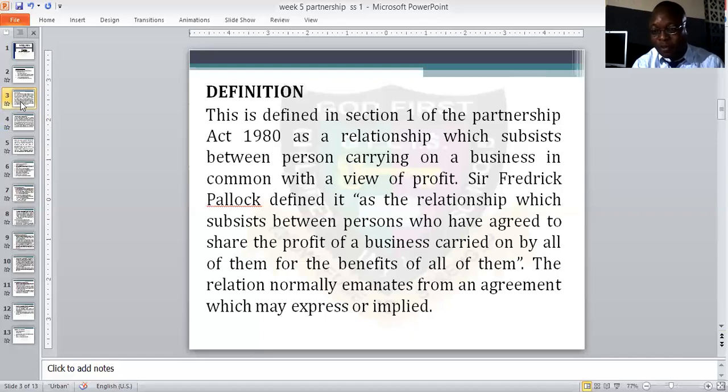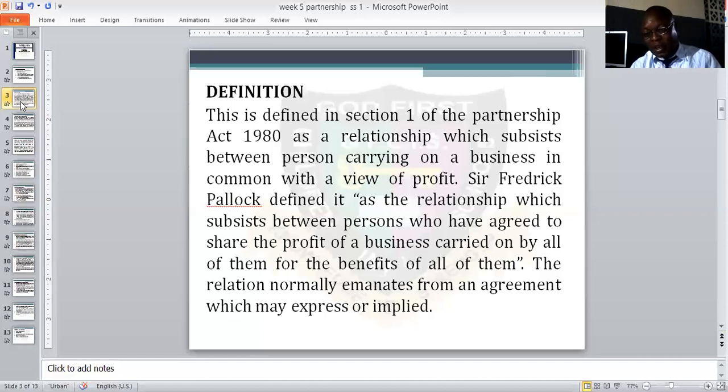The purpose for forming this business is to make profit. In case it's the banking sector, only 2 to 10 can form this partnership business. But if they are not in the same line of profession, then it's allowed that 2 to 20 can form a partnership business.